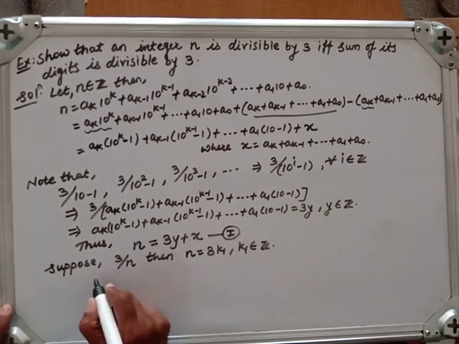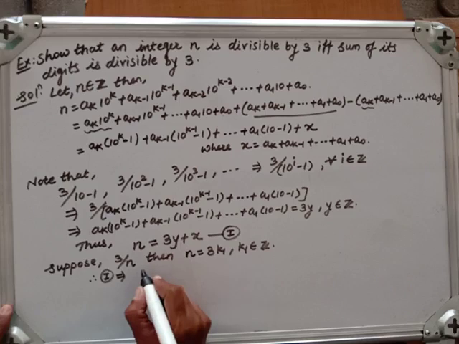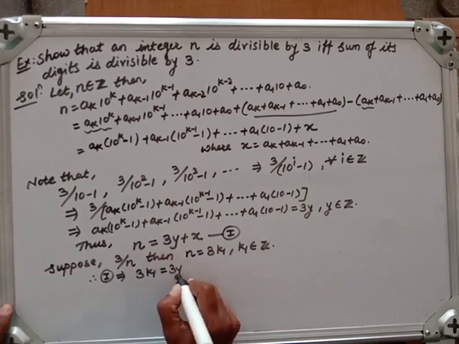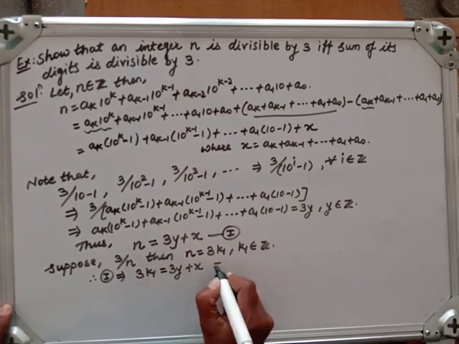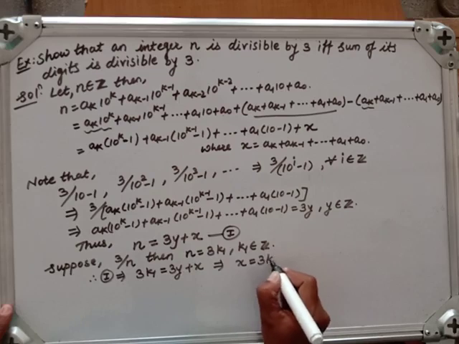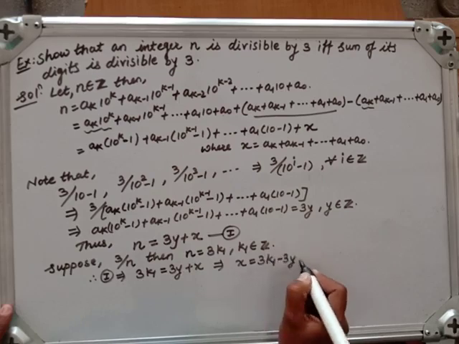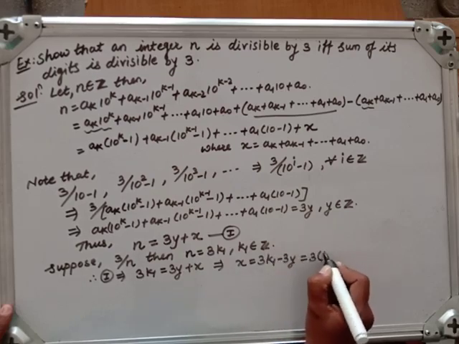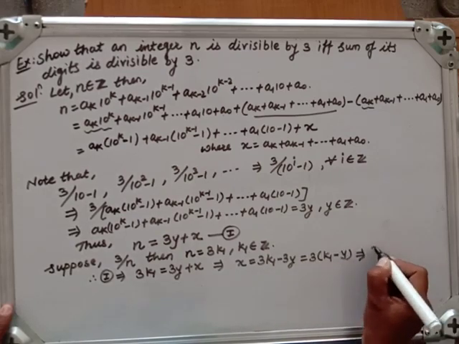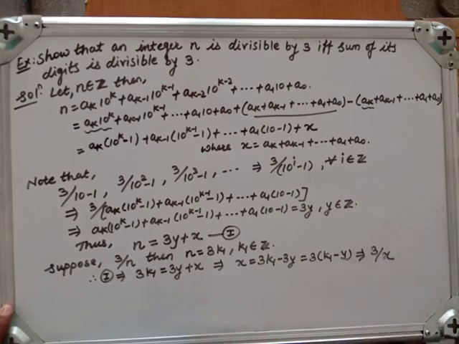So from equation 1, we get 3k1 equal to 3y plus x. So this gives x equal to 3k1 minus 3y, that is 3 times (k1 minus y). So this gives 3 divides x.